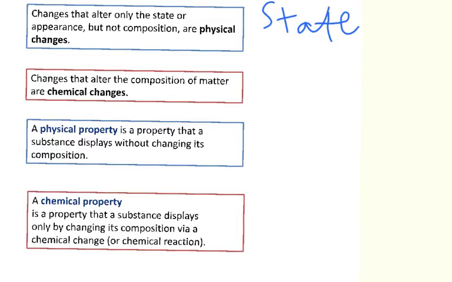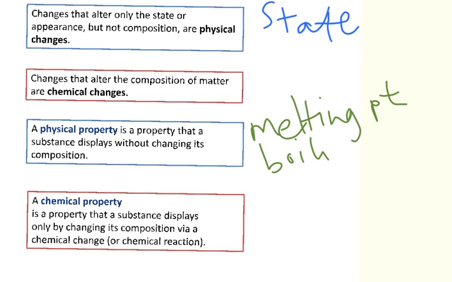For example, water has a particular melting point and a particular boiling point, and both of those are physical properties.